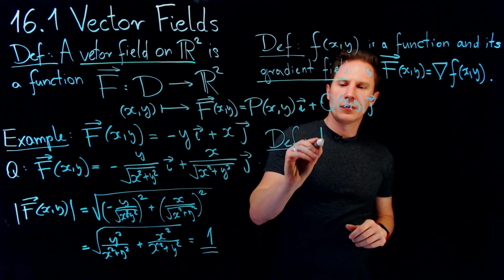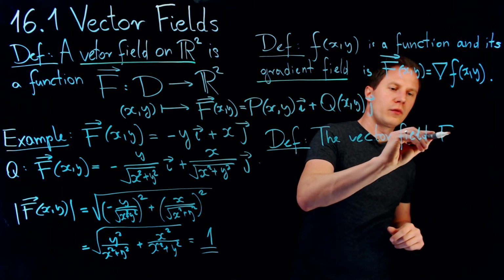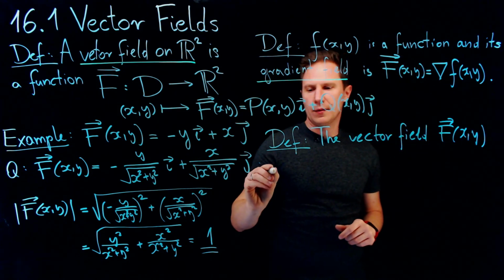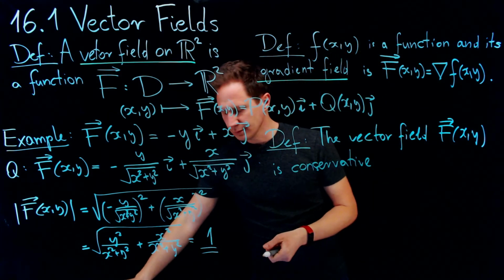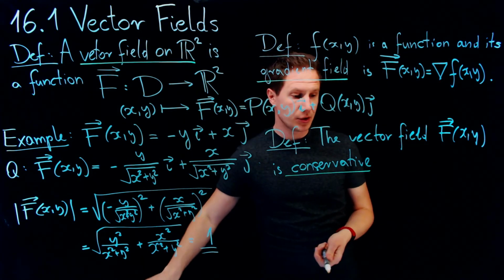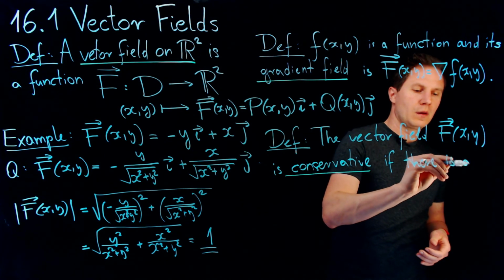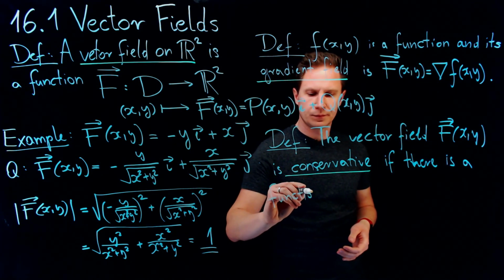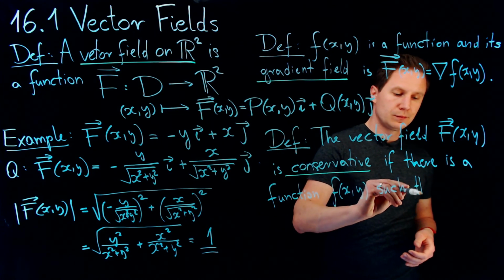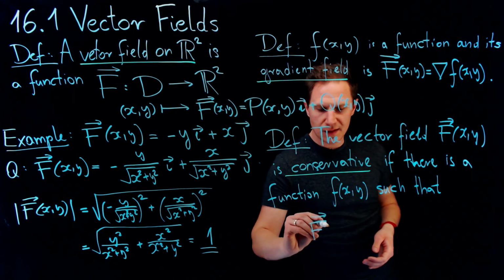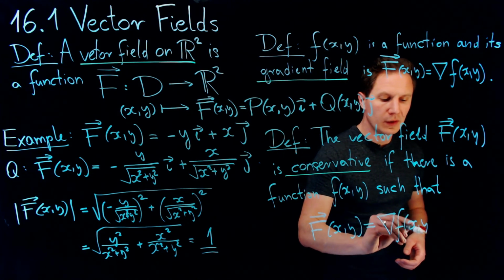So the vector field F is called a conservative vector field if there is a function f such that capital F arises as the gradient field of little f.